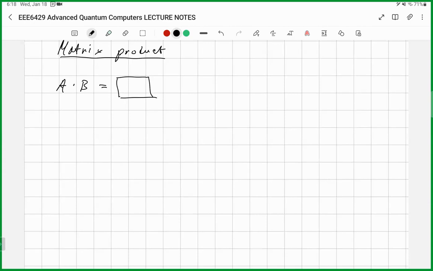So let's write it this way. The first matrix A has m rows and n columns, and we take the product with the second one. The number of rows of the second must be equal to the number of columns of the first one. So this is the matrix B, n by k. So the result will be another matrix, m by k.